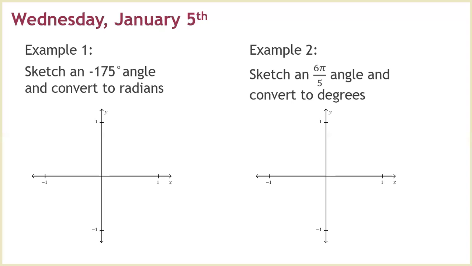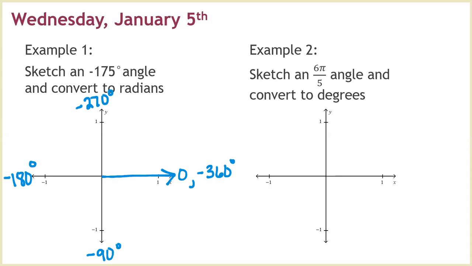So the initial side is going to start here. And if it's negative 175, so this is 0 degrees, this is negative 90, this is negative 180, this would be negative 270, and then 0 is also negative 360, and it keeps going around.